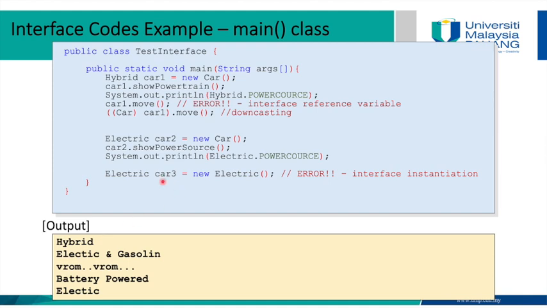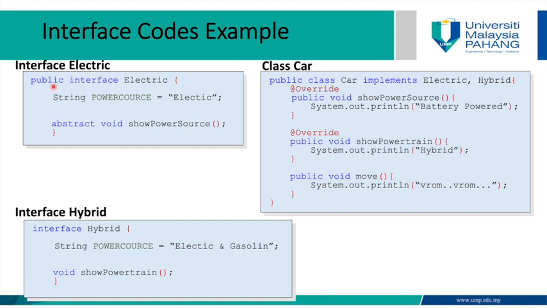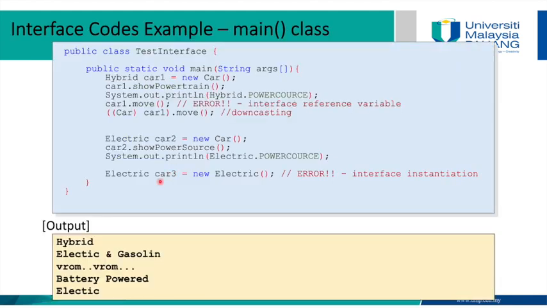If, for example, you try to create a new electric car tree by creating new electric, it will give you an error. Why? Because electric is an interface. If you declare a new instance using interface instantiation, it will not work. It will give you an error.